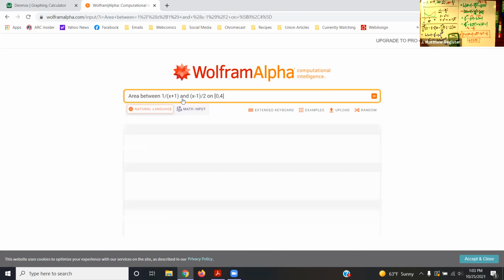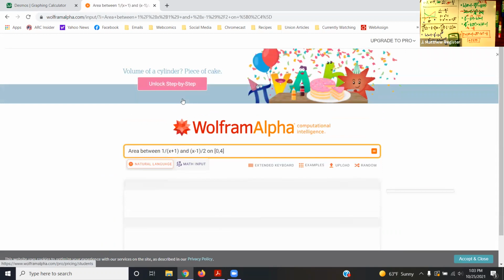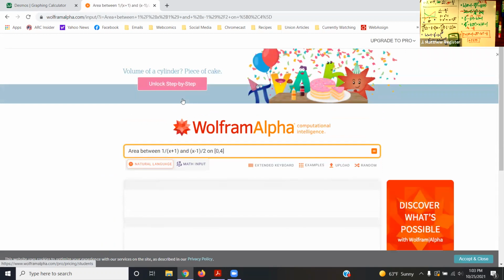It might be able to handle it, it might not. We'll see. Wolfram Alpha, again, is the calculator that mathematicians use.